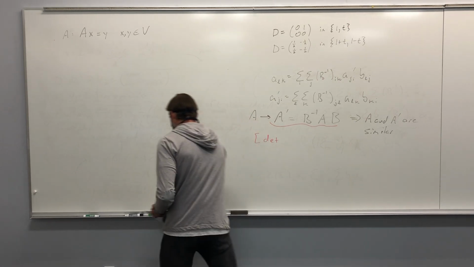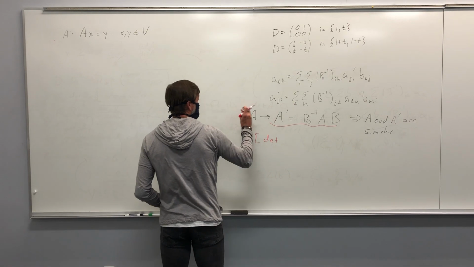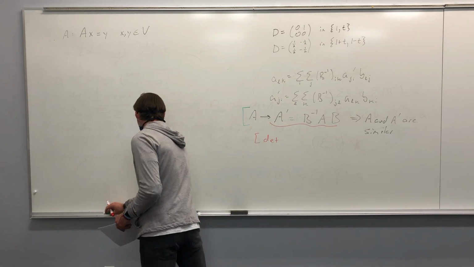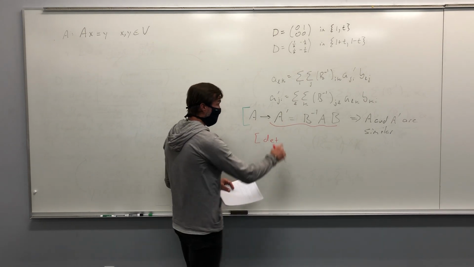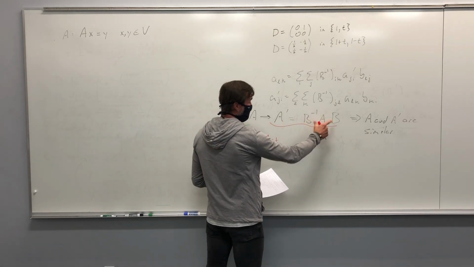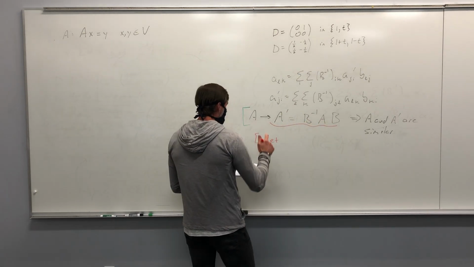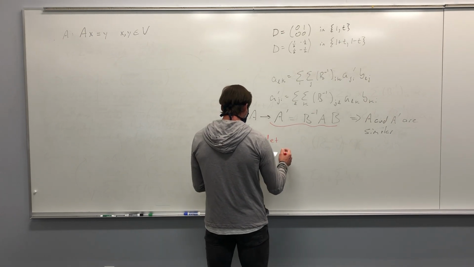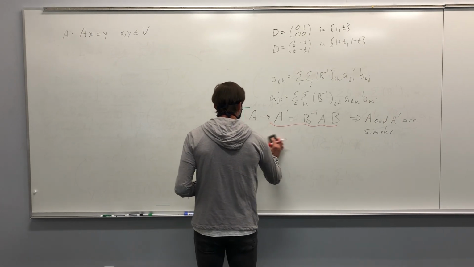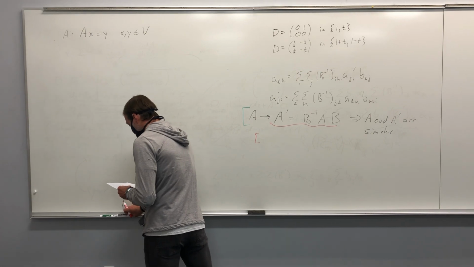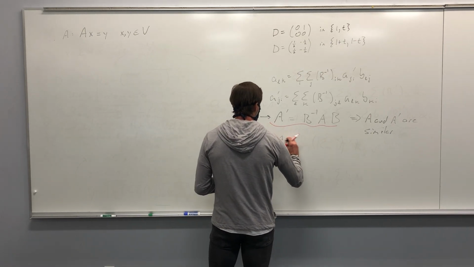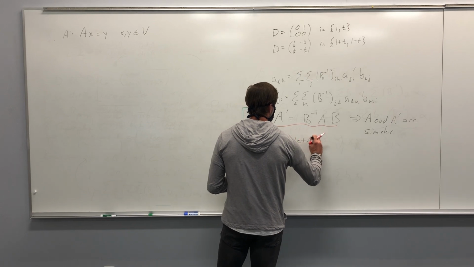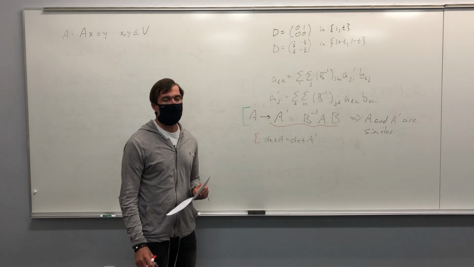Det A, and by the way, this is an operational definition that they are similar. So the definition of similar is that the two matrices A prime and A are related by a transformation of this type. If they are similar, then det A equals det A prime. Can anybody prove that for me real quick?